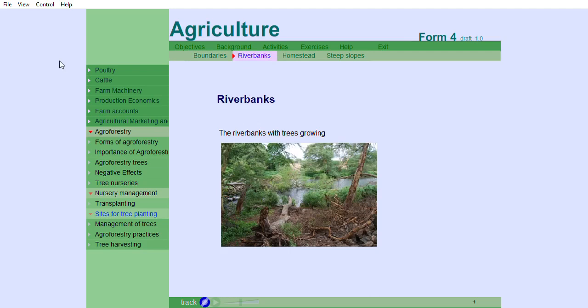Riverbanks. Woody plants are used to decrease water velocity along the riverbanks and protect the soil from erosion. The trees can also be used as wood fuel, fodder, fruits, and poles.